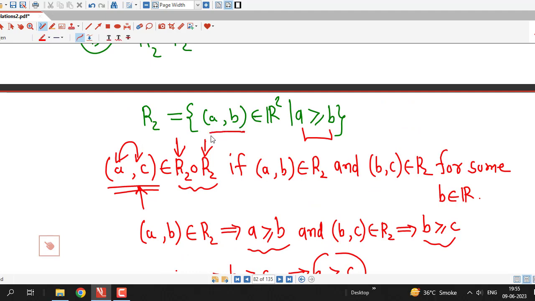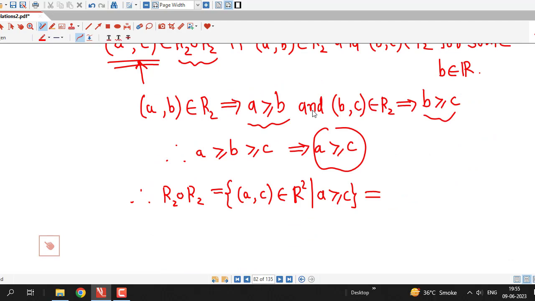In relation R2, the condition is that the first component can be greater than or equal to the second component.